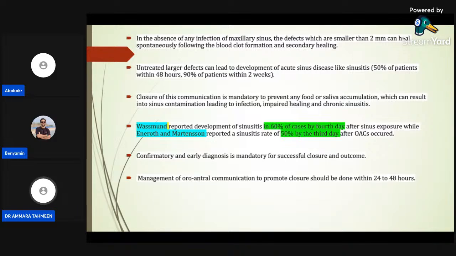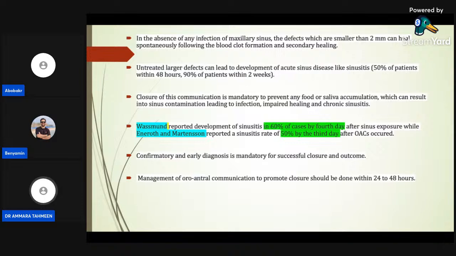If you are not experienced enough to manage these cases at your clinic, then it is mandatory that you refer to the nearby oral and maxillofacial surgeon, or ask the patient to consult an oral and maxillofacial surgeon as early as possible, because as the patient crosses the 24 to 48 hour window, it enters into the oroantral fistula stage, which leads to further complications.